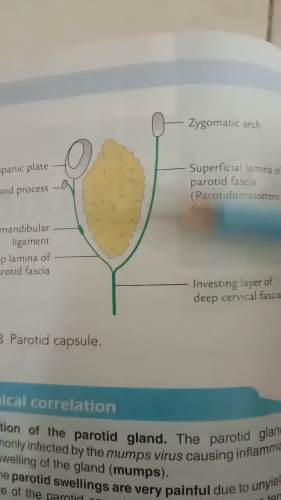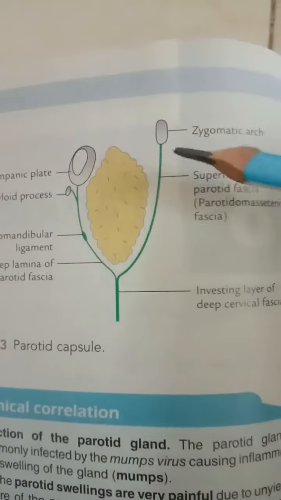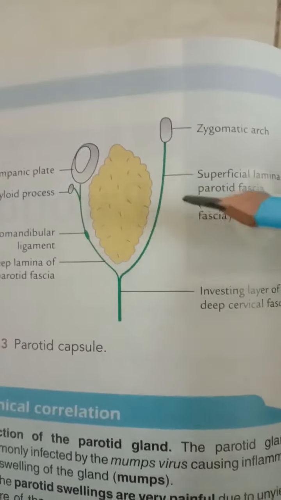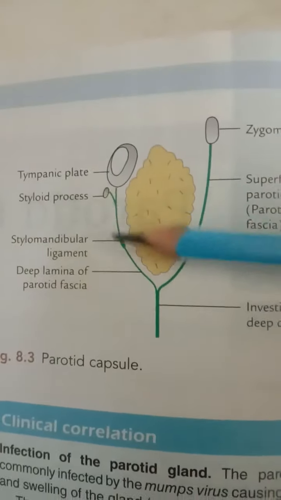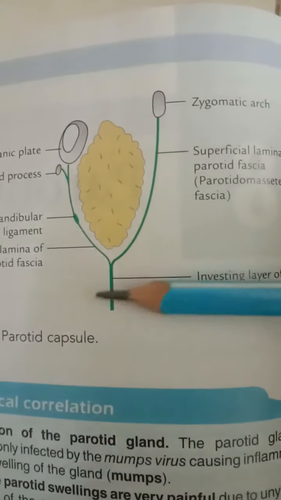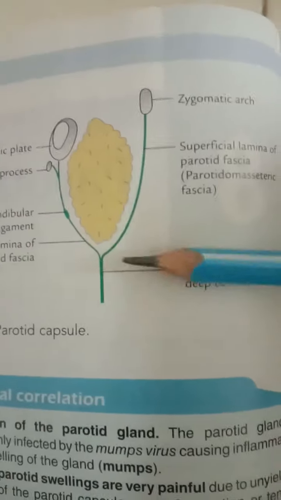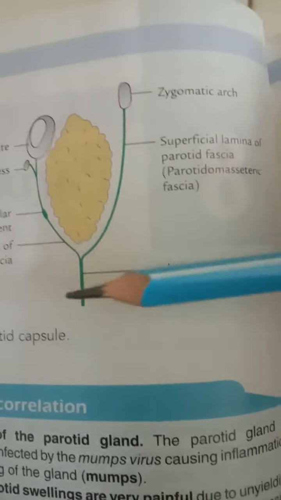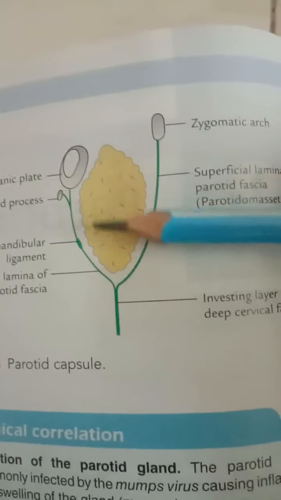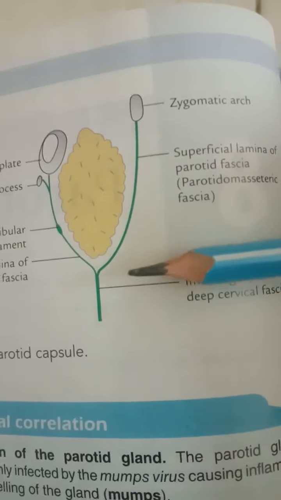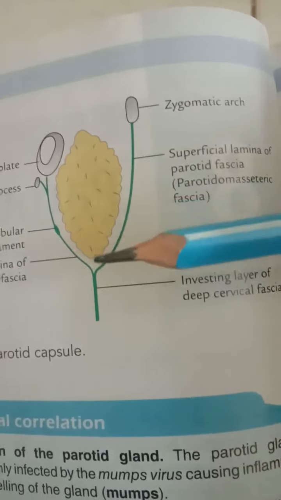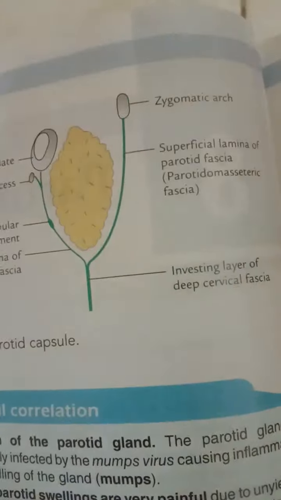Capsule of the parotid gland. The parotid gland is enclosed in a fibrous capsule, called the parotid capsule. Here you can see this one. This parotid capsule is formed by a tough investing layer of the deep cervical fascia, and this fascia splits in the region between the angle of the mandible and the mastoid process to enclose the gland.